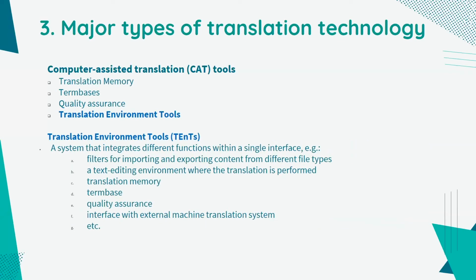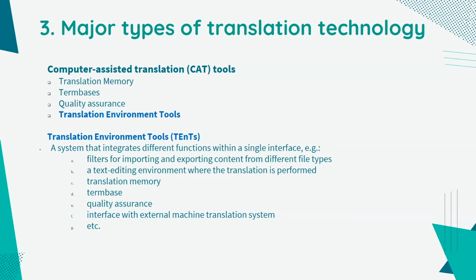A translation environment tool is a system that integrates different functions within one single interface. So it can have a feature for importing and exporting content from different file types, such as when we work on different file formats. This feature will help us to import and export the right format.